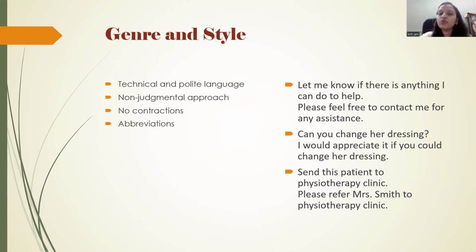So it is better to use CT scan, MRI, USG, which even a layman can understand. But do not use BD, TDS, PRN. It is better to elaborate, twice daily, thrice daily, in that form. All right. I hope I have made this clear up to now.